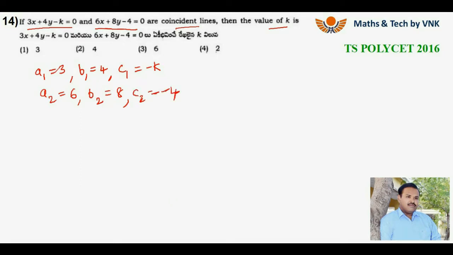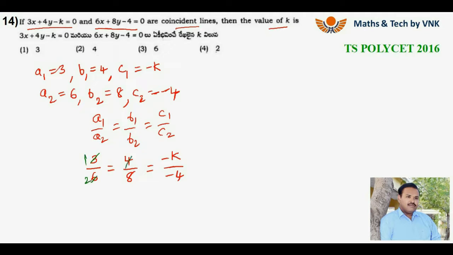For coincident lines, a1 by a2 is equal to b1 by b2 is equal to c1 by c2. Substituting the values, a1 is 3, a2 is 6, b1 is 4, b2 is 8, c1 is minus k, c2 is minus 4. So 3 by 6 is nothing but 1 by 2 and 4 by 8 is nothing but 1 by 2.